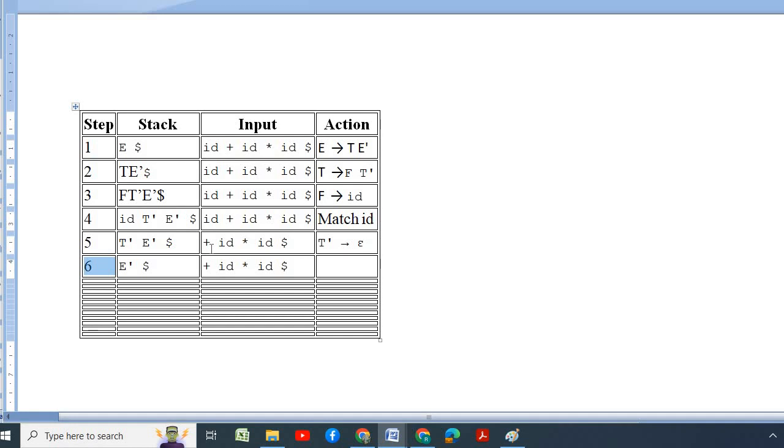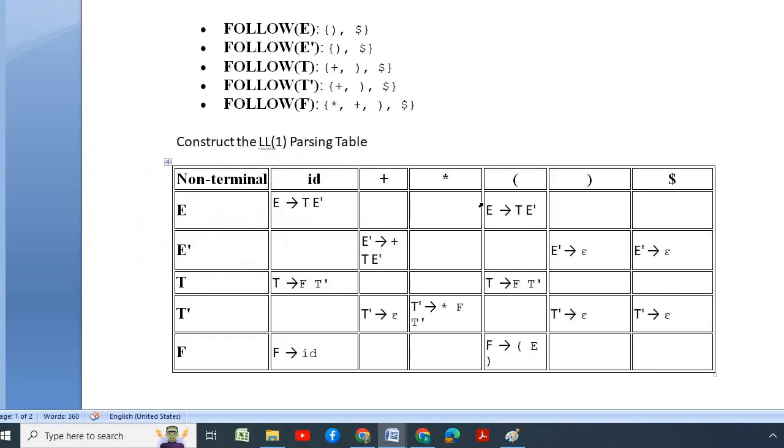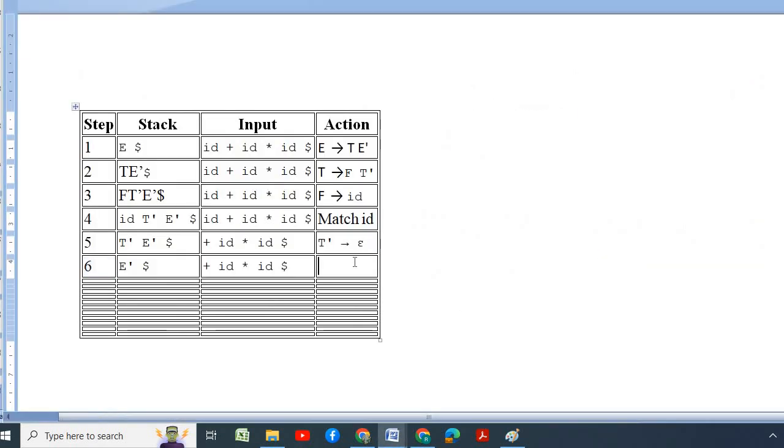Now we have to check for E dash, plus. E dash, plus is plus T E dash.